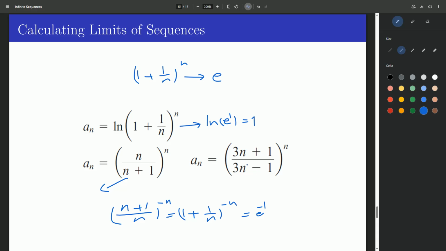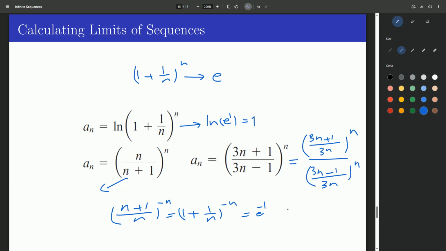For this one, we can use some substitution, or we can rewrite this one also as (3n plus 1 divided by 3n) over (3n minus 1 divided by 3n), to the nth power. If we simplify, we can get the same thing.